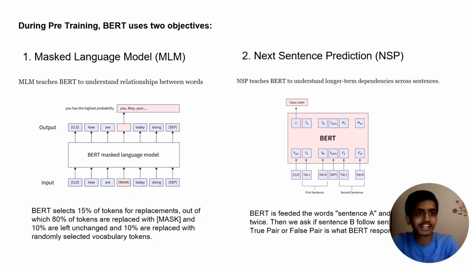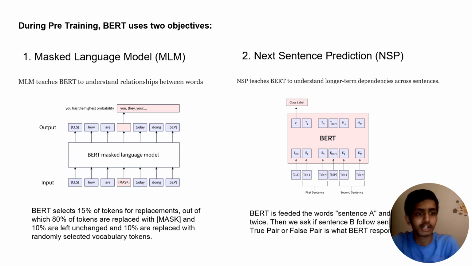So during pre-training, BERT uses two objectives. The first is the masked language model, MLM, and the second is next sentence prediction, NSP. Basically, MLM teaches BERT to understand relationships between words, while NSP teaches BERT to understand the long-term dependencies across sentences.